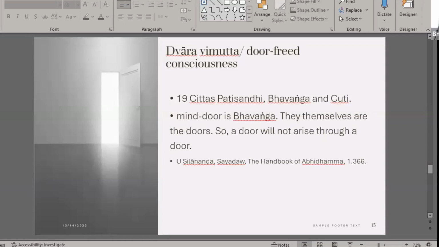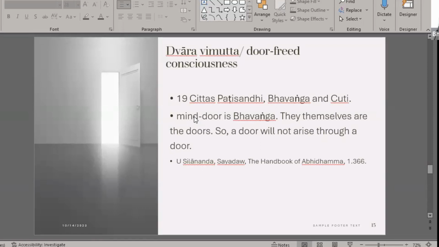Later on we will focus on that topic. Here, just try to understand that the 19 Bhavanga Chittas, or life continuum consciousness, are door-free.